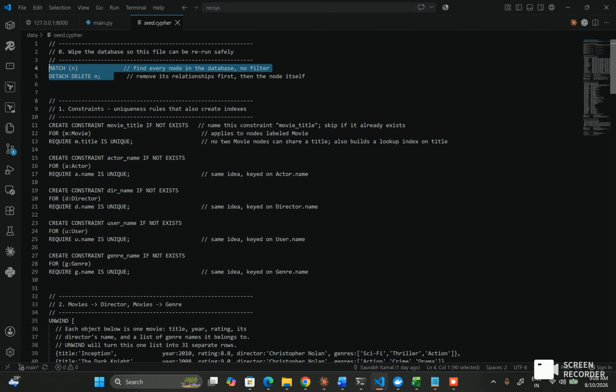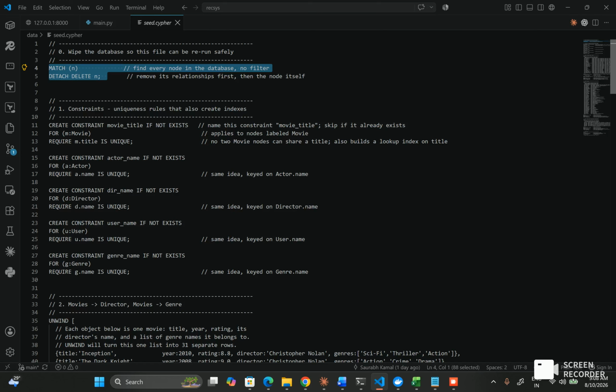Now, this is the file that built the entire data set you have been seeing: 31 movies, 60 actors, 7 directors, and 8 users. It's already been run. The data is already sitting in the database. But now let's understand how it works.